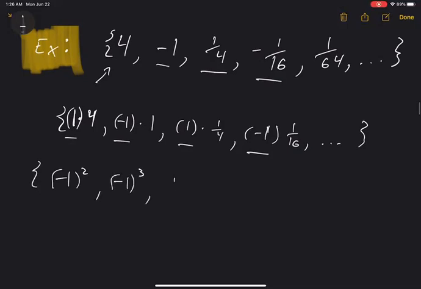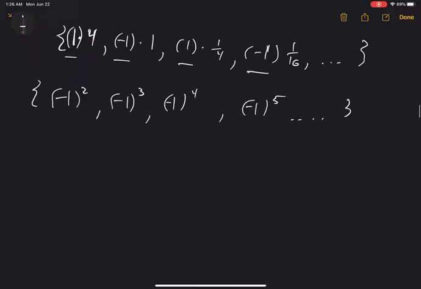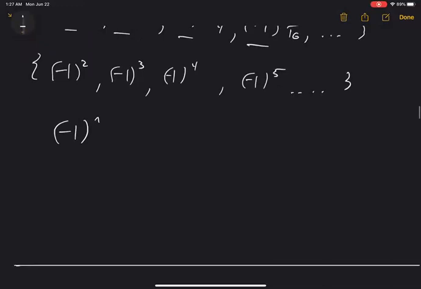And I have +1, which I could think of as negative 1 to the power 4. And then I have negative 1, which I can think of as negative 1 to the power 5, and so on. What I'm trying to show is that these alternating signs can always be written as negative 1 to the power n, or negative 1 to the power n plus 1.